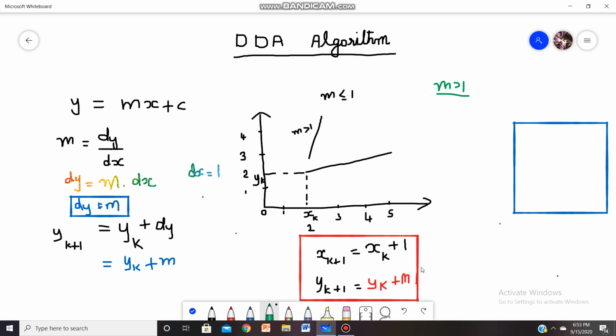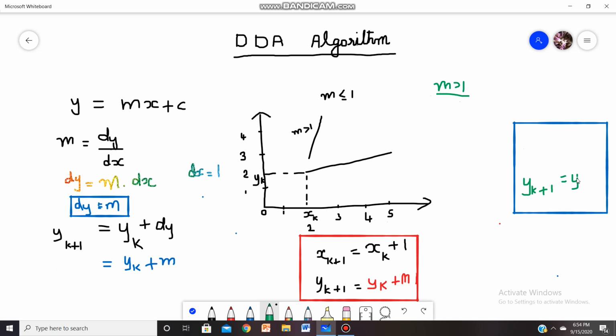I know that there will be a unit increment for y. So what will yk plus 1 be in this case? There will be a unit increment for y, so I can write yk plus 1 is equal to yk plus 1.